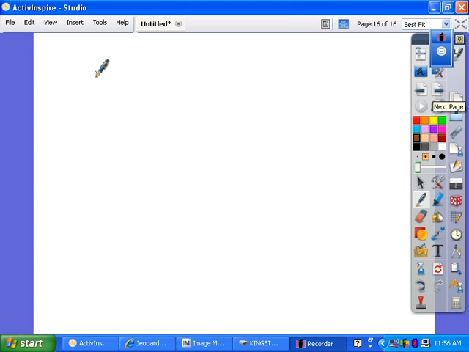Okay, now cross product. Let's say we have two vectors. We have vector A, which is AX i hat plus AY j hat plus AZ k hat.